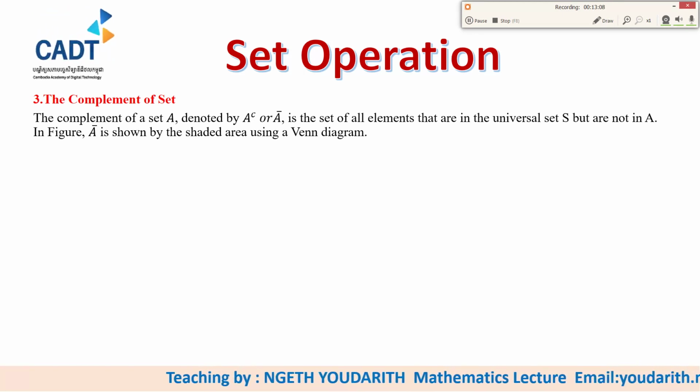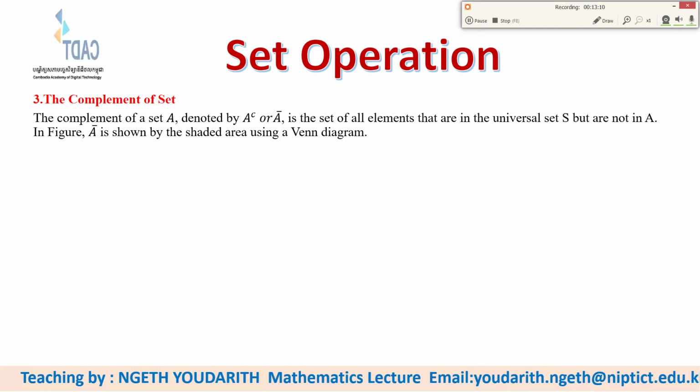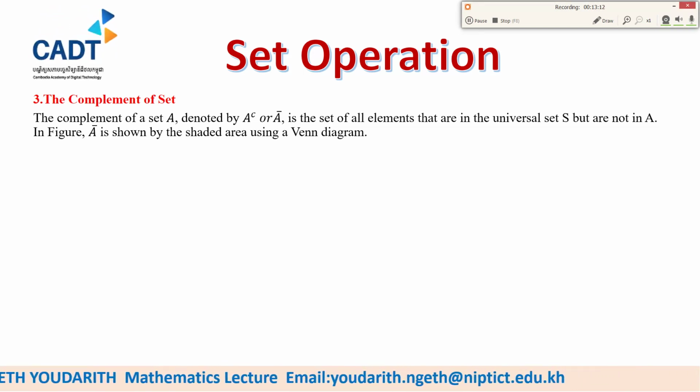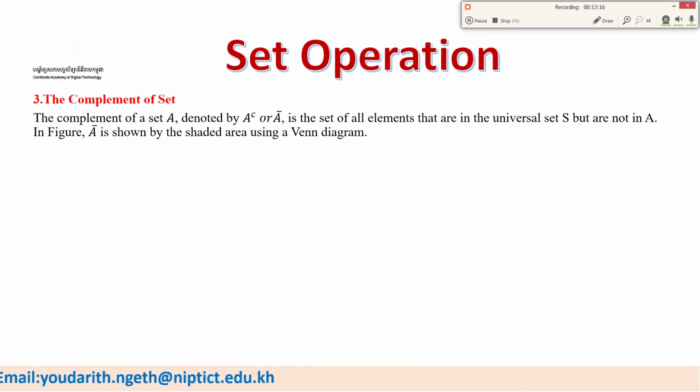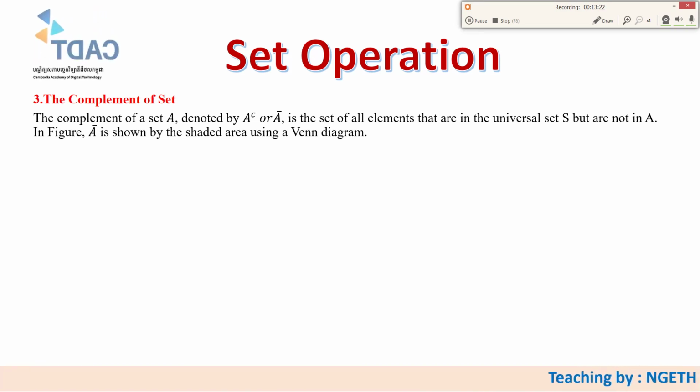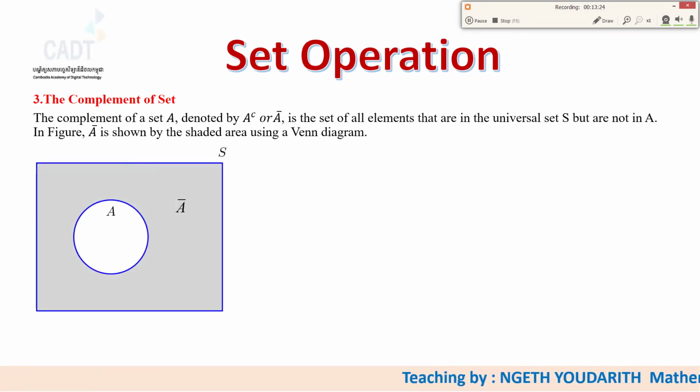Sometimes they use S for sample space, and sometimes U for universal set. The complement of A is shown by a shaded area in a Venn diagram.